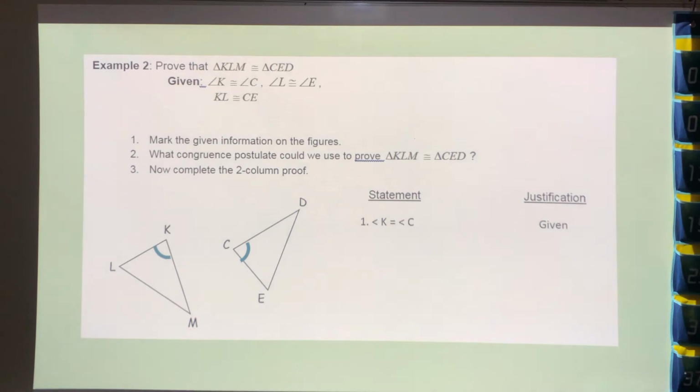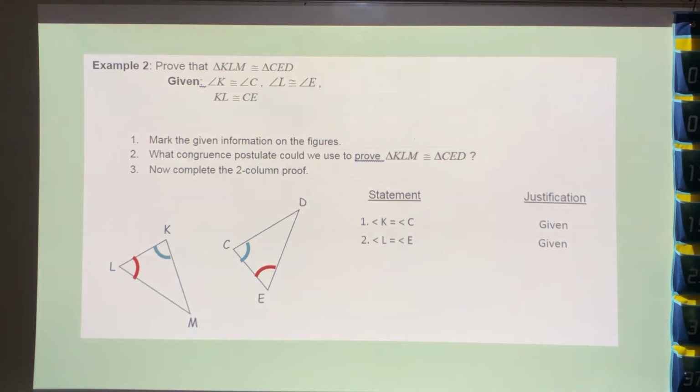In this example, we want to prove these two triangles are congruent. So based on the given statements, we want to write those down. Angle K is congruent to angle C, and the reason is given, and we mark our triangles. Angle L is congruent to angle E, and we mark those.